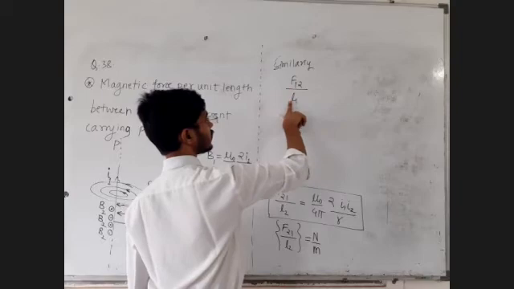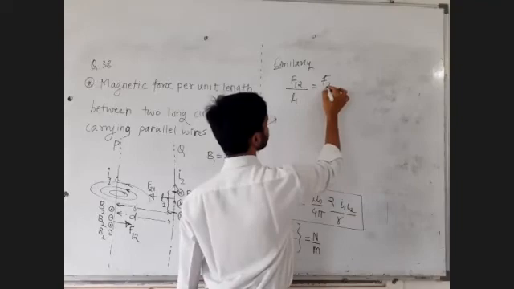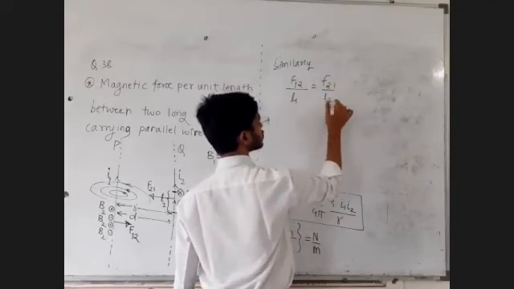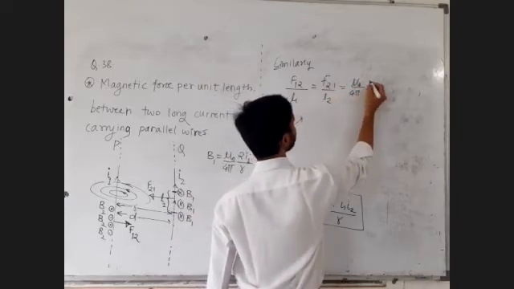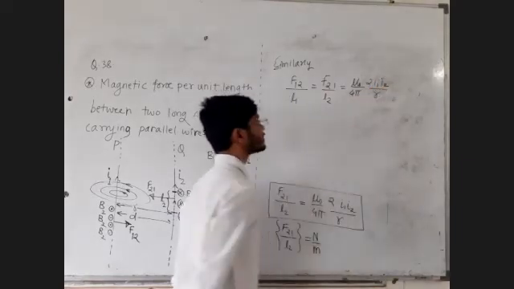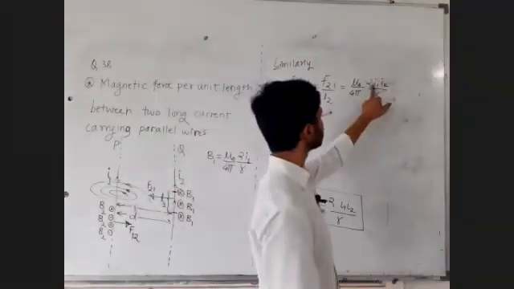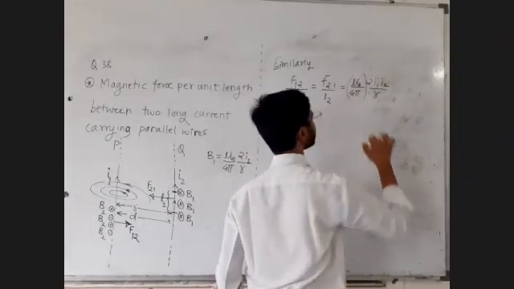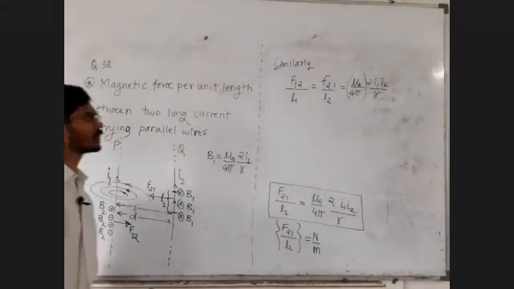This force per unit length of wire 1 will be equal to force per unit length of wire 2, the same formula: mu 0 upon 4 pi, 2 I1 I2 upon R. Some people write it as D. Some people cancel this 2 and 4 pi. Let them cancel. But we will not, because we can directly replace this mu 0 upon 4 pi. So force per unit length is mu 0 upon 4 pi, 2 I1 I2 upon R.